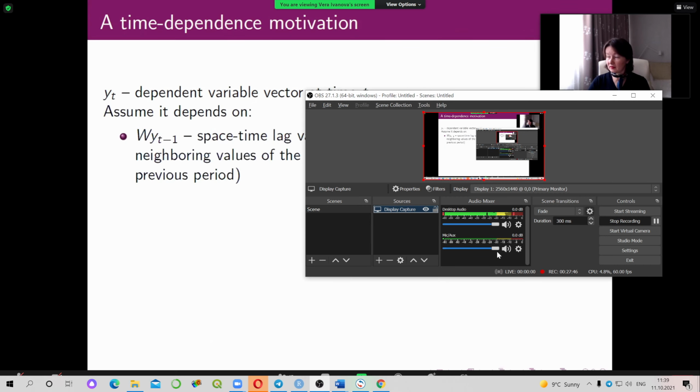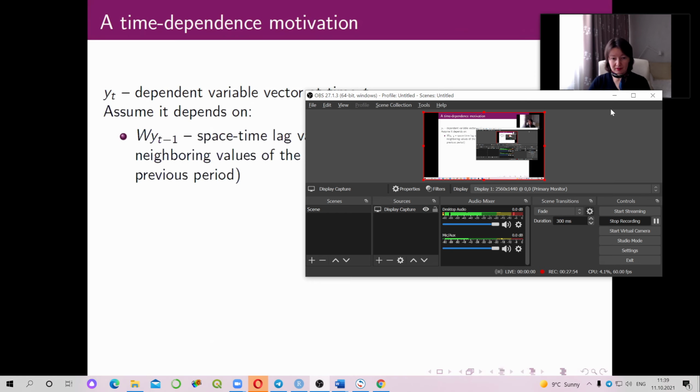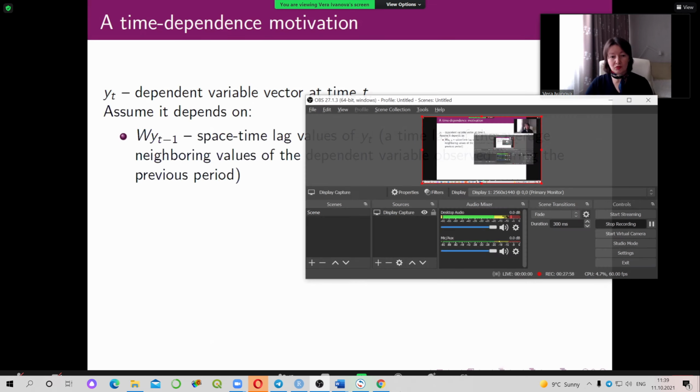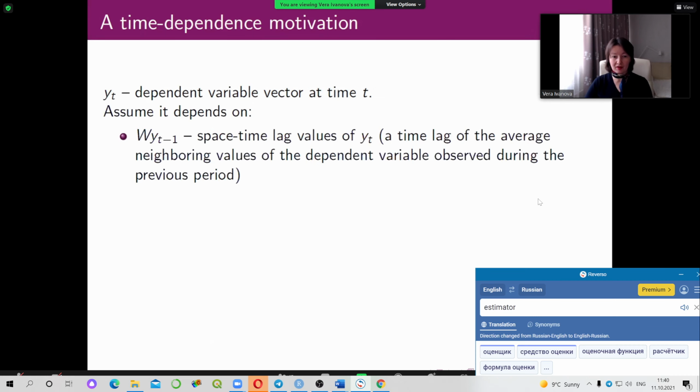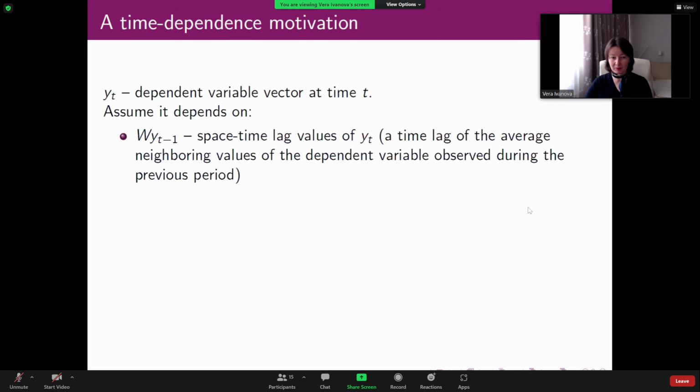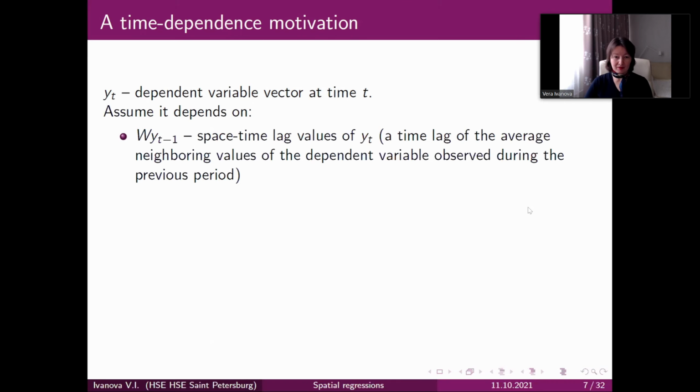We can consider an example like this: house prices. House prices for today usually depend on house prices of my neighbors as of, say, yesterday.